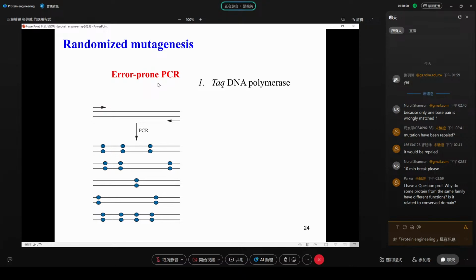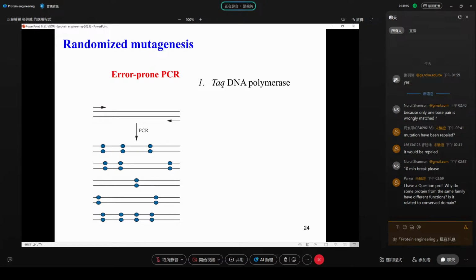But for error-prone PCR, the concept is completely opposite. We just want to generate wrong residues in your protein. So how am I going to generate wrong residues? Your senior or PI usually will ask you to do the mutagenesis with proofreading Taq DNA polymerase, right? Why not use the original version of the Taq DNA polymerase?